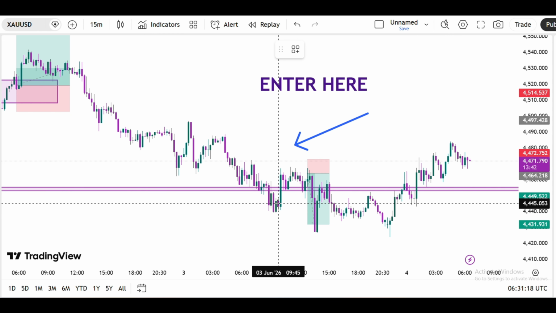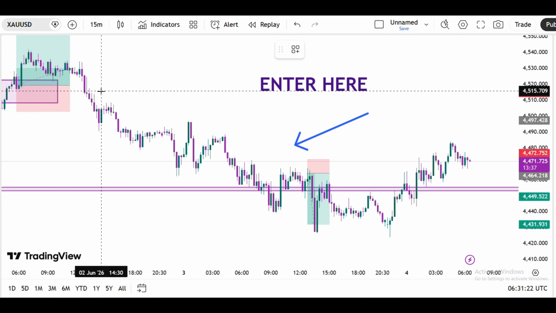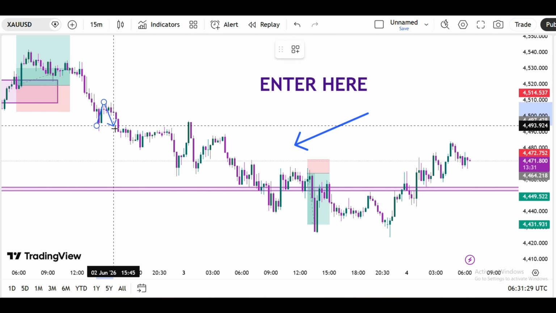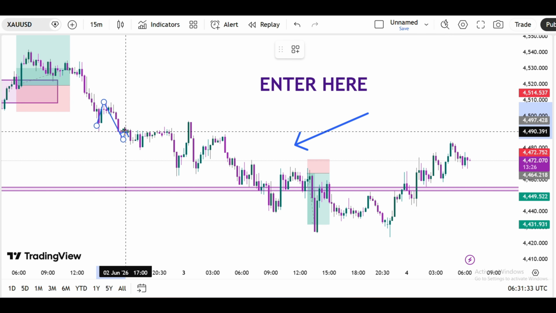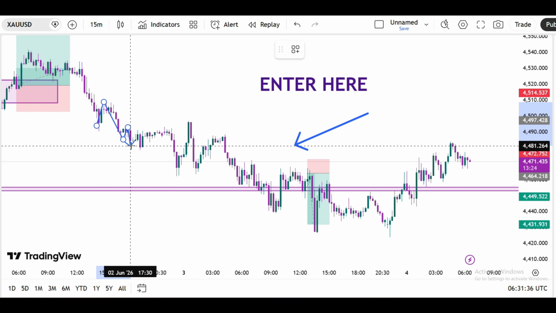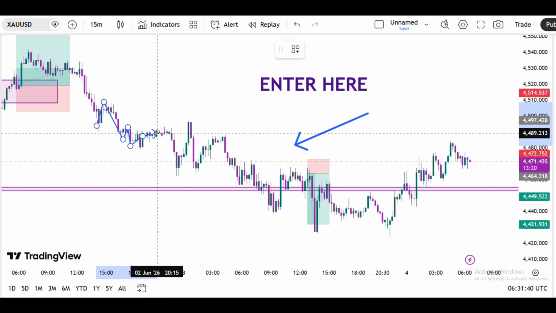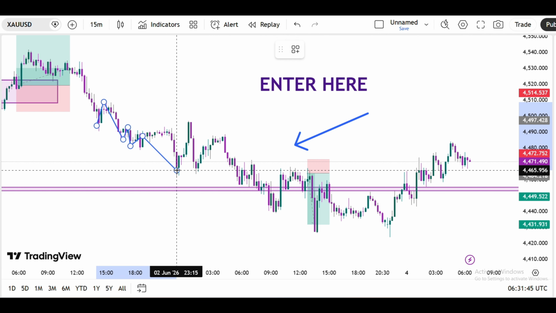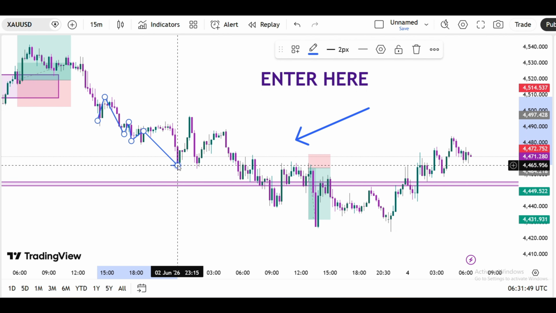So price has been giving a series of lower highs and lower lows. You see we have a lower high, lower low, lower high, lower low, lower high. It stalled here, consolidated for some time, then gave a lower low, and then it corrected again.